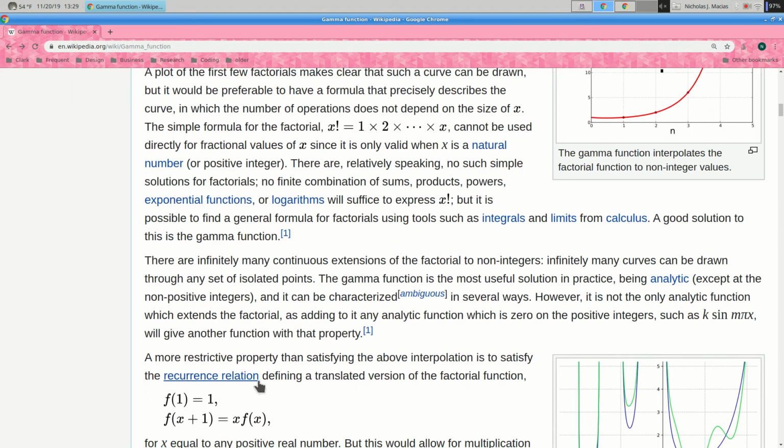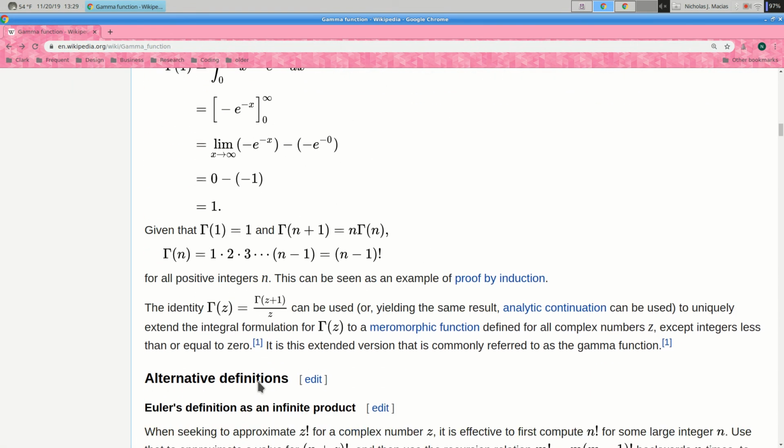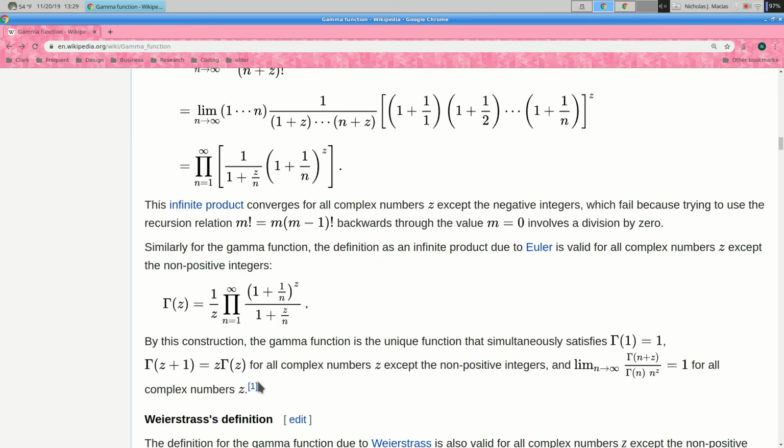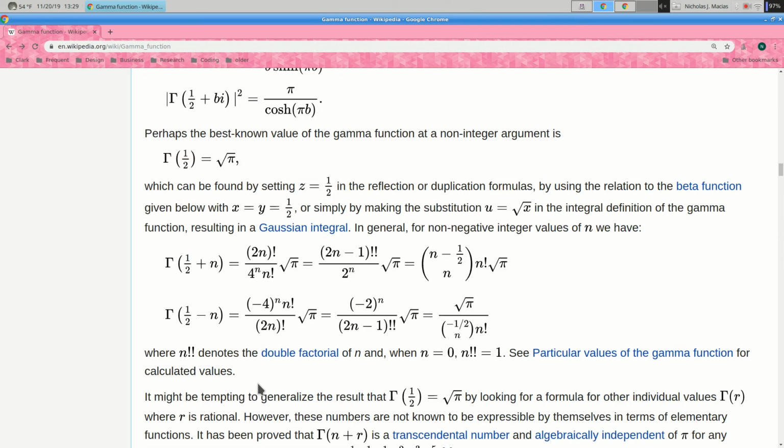For example, the gamma function at 1/2 is the square root of pi, which is kind of cool. So minus 1/2 factorial is the square root of pi, or maybe 1/2 factorial.